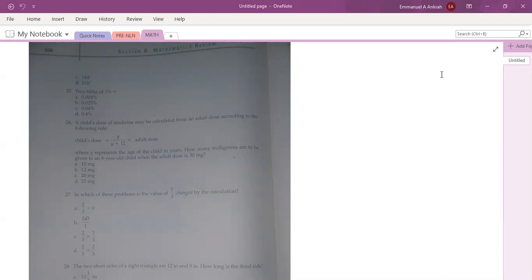All right, let's come back and look at number 25 first. So for 25, say 2/5 of 1%.